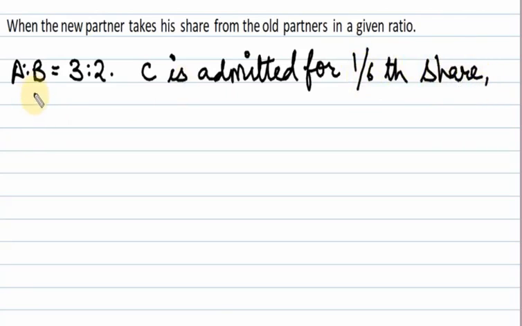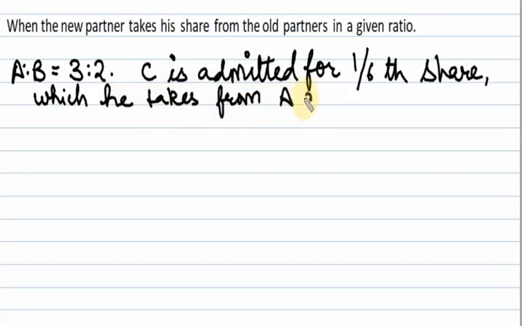Now from whom will he take this share? From his old partners. So which he takes from A and B in the ratio of, say, 4:1. Okay.